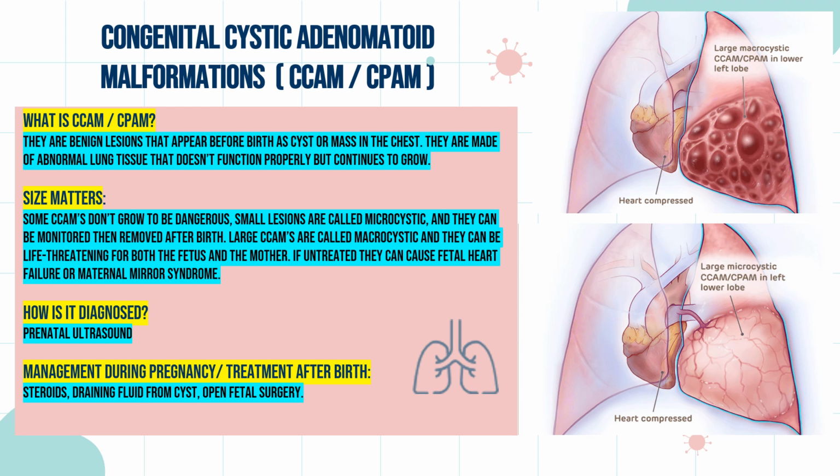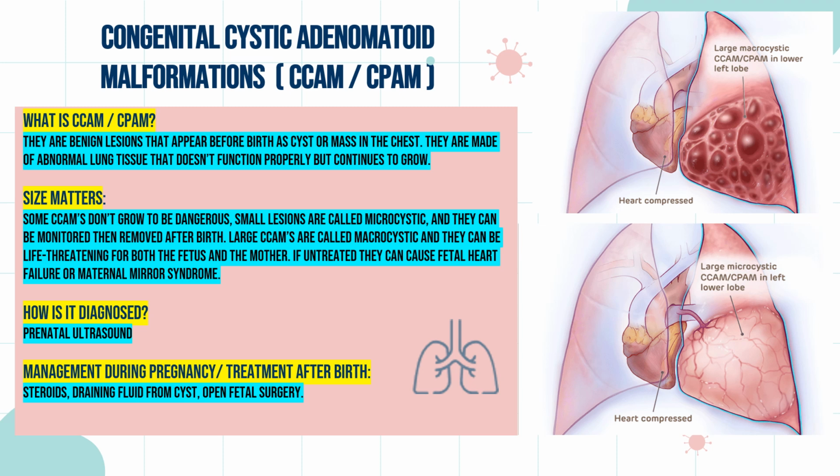They can be very life-threatening. Sometimes they don't get too big, and the small lesions are called microcystic, and they can be monitored and just removed after birth. However, large CCAMs are called macrocystic, and they can be very life-threatening.